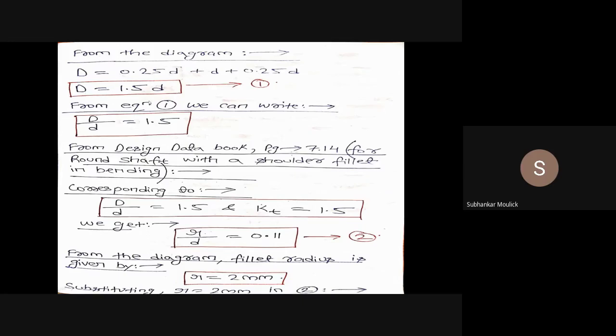So capital D is 0.25 plus 1 plus 0.25, which is 1.5 times d, or I can write capital D by small d is 1.5. Is it clear?